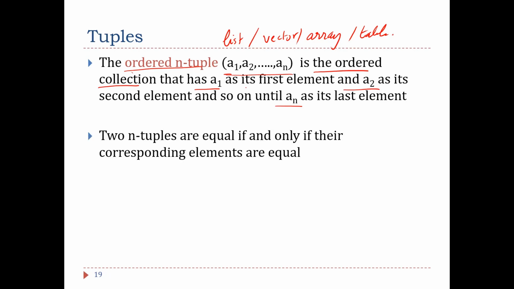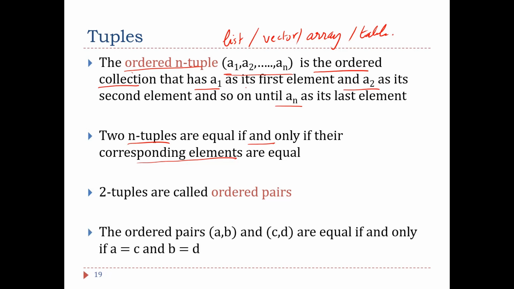Two n-tuples are equal if and only if their corresponding elements are equal. So it should be the same element at the same position. And of course, we can have the same element repeated at multiple places, no problem. Tuples of two elements are called ordered pairs.